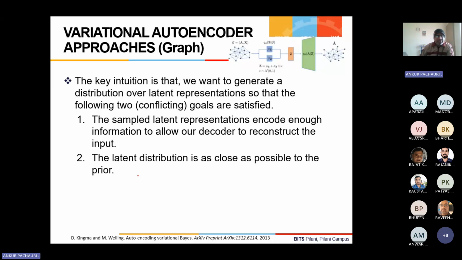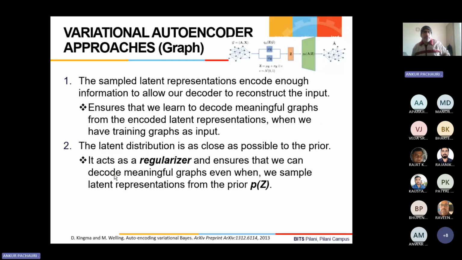When we're dealing with graphs, it should allow the decoder to reconstruct meaningful graphs from the encoded latent representation when we have the training graph as an input. Second, the latent distribution should be as close as possible to the prior.